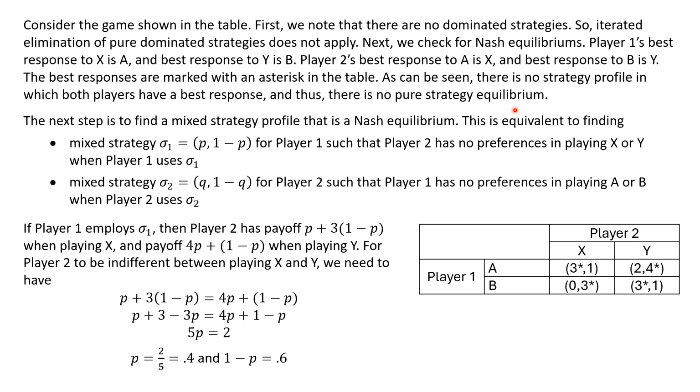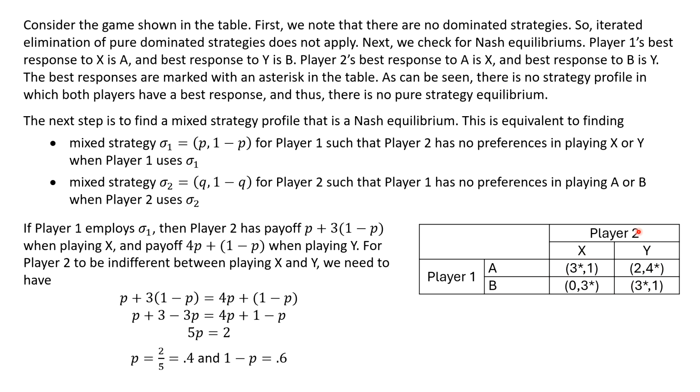If we do a Nash equilibrium analysis on this alone, we see that there's no dominant strategy because if you look at player 1, player 1 does better with A when player 2 plays X. However, when player 2 plays Y, player 1 does better with B. So we put a star here and here.